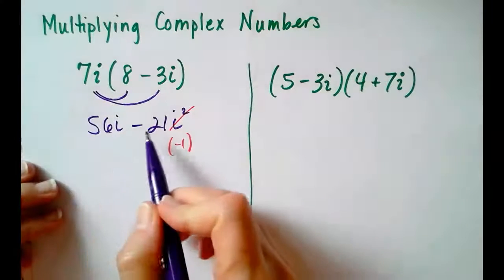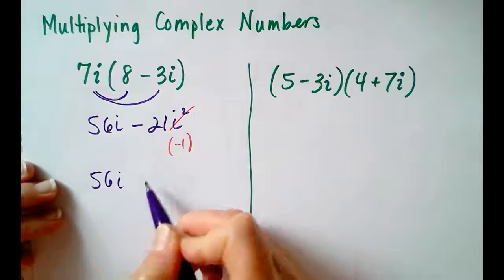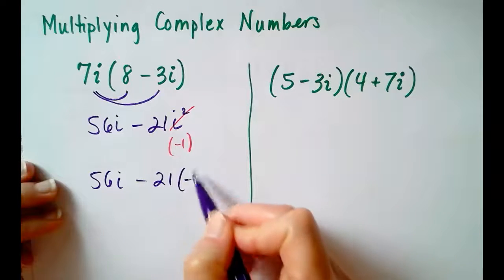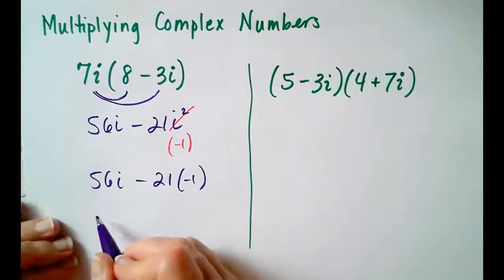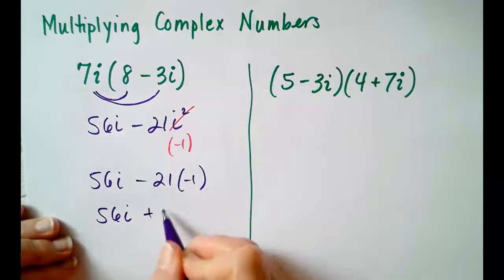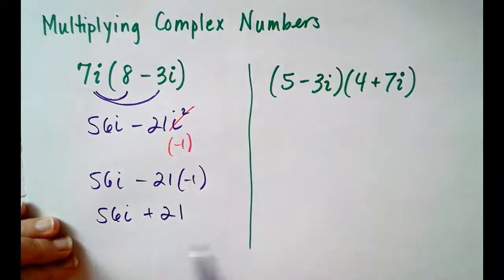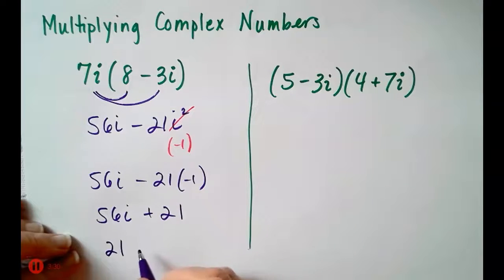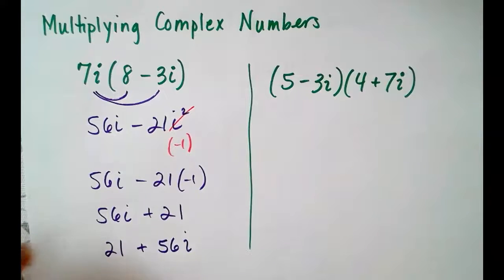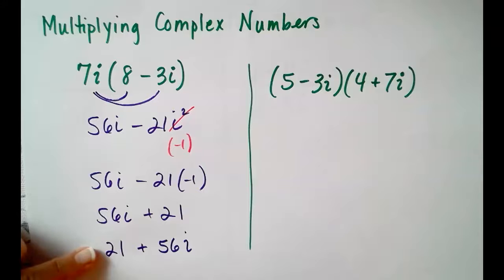So 56i minus 21 times negative 1, if we follow order of operations, becomes positive 21, which now we need to use the commutative property to put in correct form, 21 plus 56i. Both of those are correct, but 21 plus 56i is the standard form of the complex number.